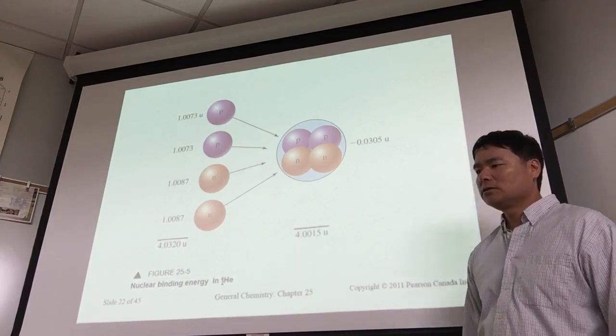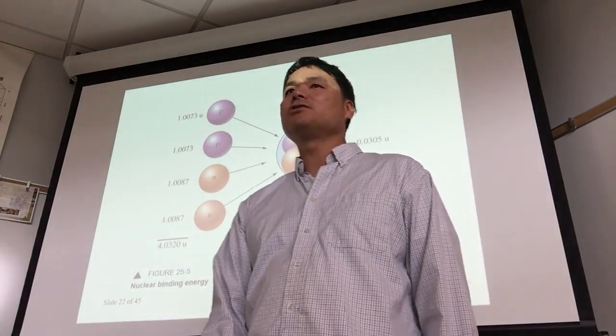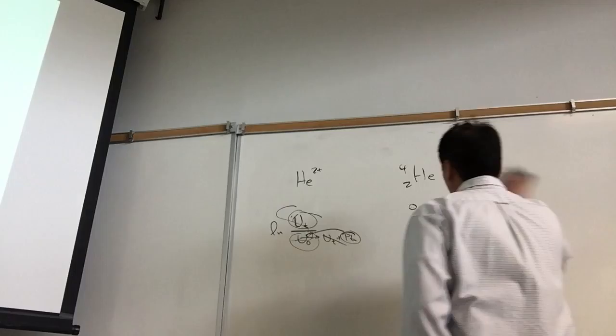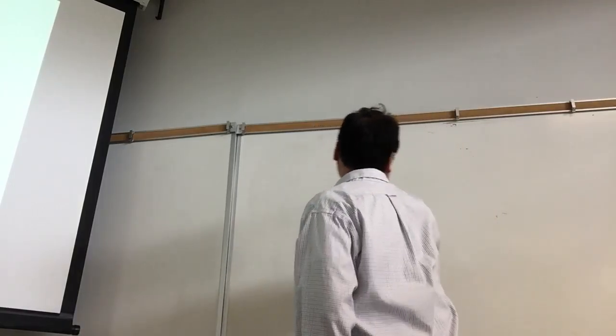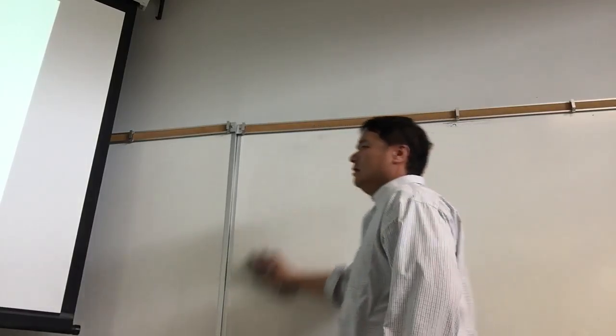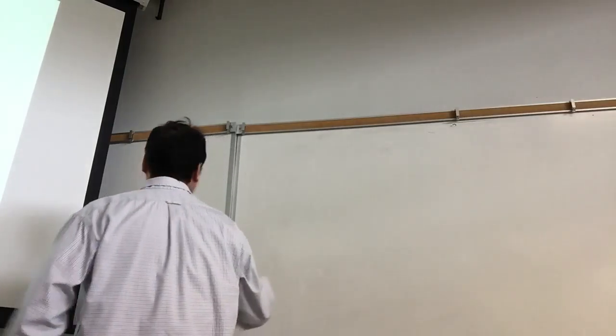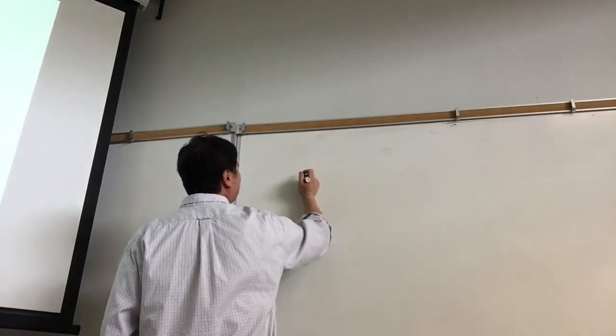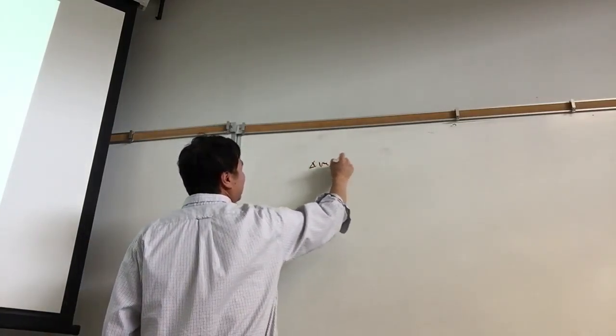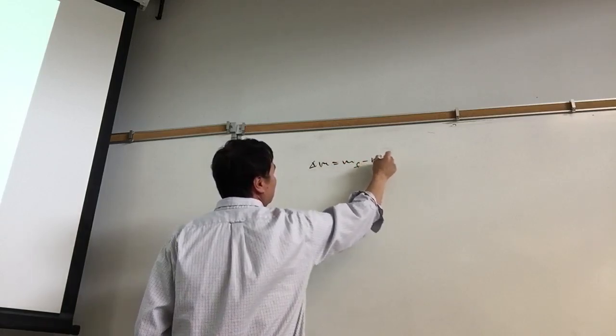Well, in this particular chapter, we can figure out how much energy was converted into mass. Let's just do this because it's a very simple calculation. These simple calculations are pretty easy. So how much mass did we lose? ΔM is equal to mass final minus mass initial.